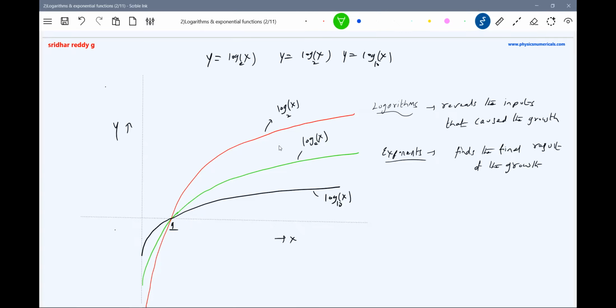This is something very important for us. I think I'm not in a position to go into the mathematical treatment. As we proceed into our physics, you can see a lot of the physical phenomena we are going to express using the exponential function.